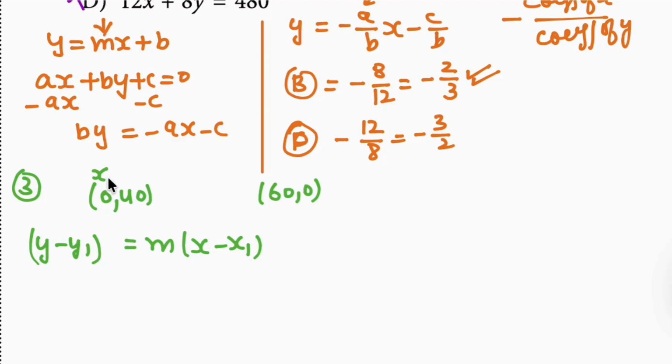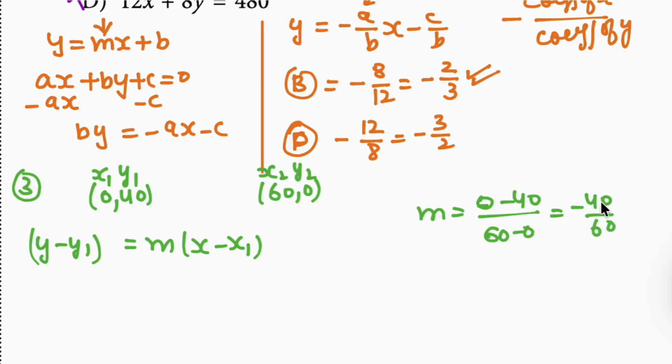Let's say this is (x1, y1) and this is (x2, y2), and the slope is (y2 minus y1) over (x2 minus x1), which is (0 minus 40) over (60 minus 0), equal to negative 40 over 60, or negative 2 by 3. So y minus 40 is equal to negative 2 by 3 times (x minus 0).